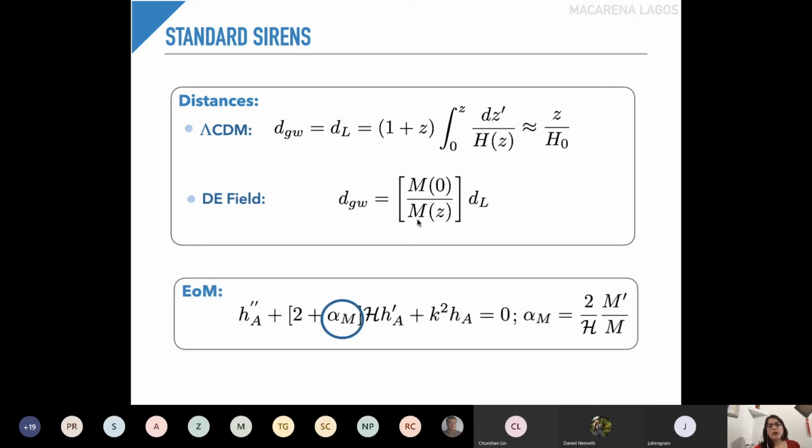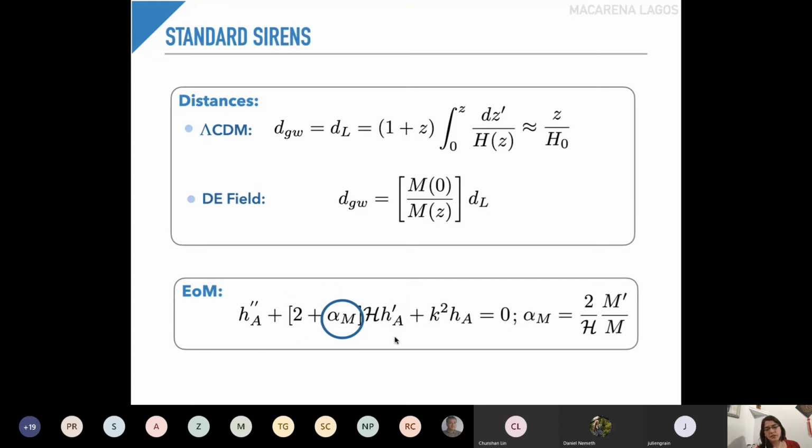So the reason why you get this ratio here is because if you look at the equation of motion that came from the action that I showed you before, it's going to look like this. So here you have h, just second time derivatives. Here you have k, the wave number, and I have assumed that these waves propagate at the speed of light already. And here you have a kind of friction term that is proportional to the first derivative of h, the gravitational wave amplitude.